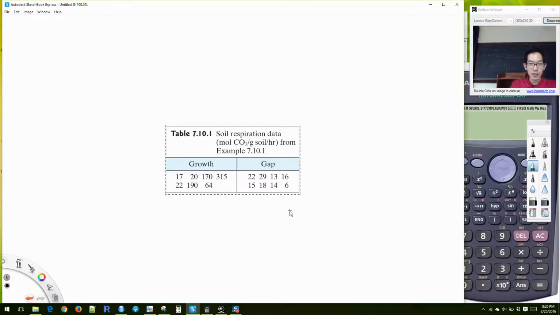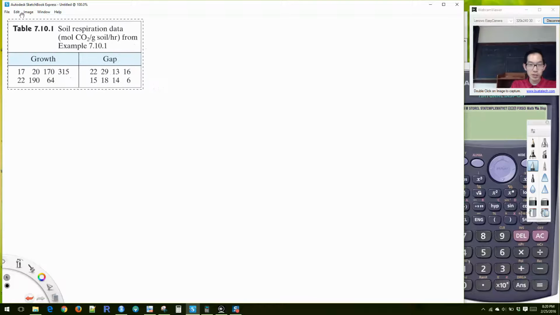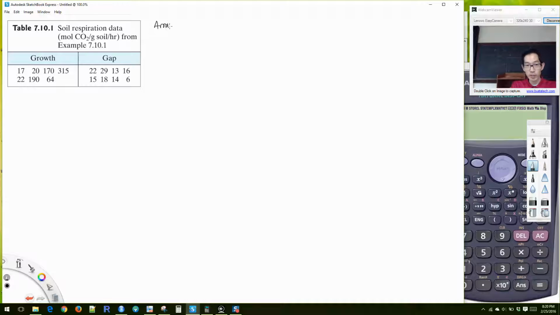So step one is we're going to arrange all of our data in two columns, from least to greatest. We will leave a little bit of a margin to the left of your growth column and to the right of the gap column.